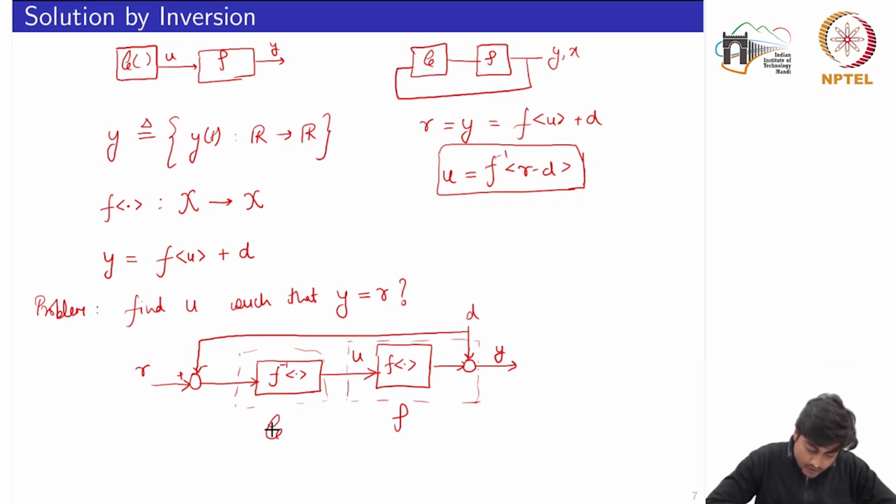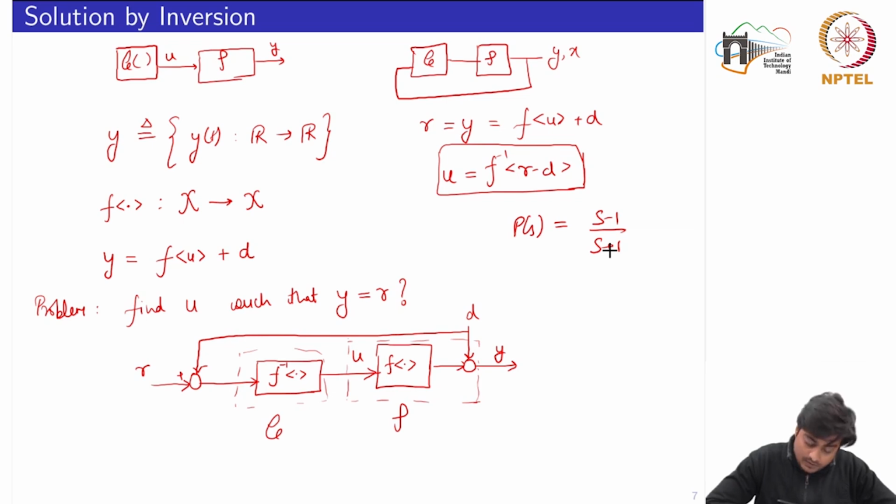There are some important points to be noticed: this control strategy, first of all, is not a good control strategy from various viewpoints. First, for computing the controller subsystem, we need to take the inverse of the function f. Suppose the plant is represented by some transfer function, say s minus 1 over s plus 1.